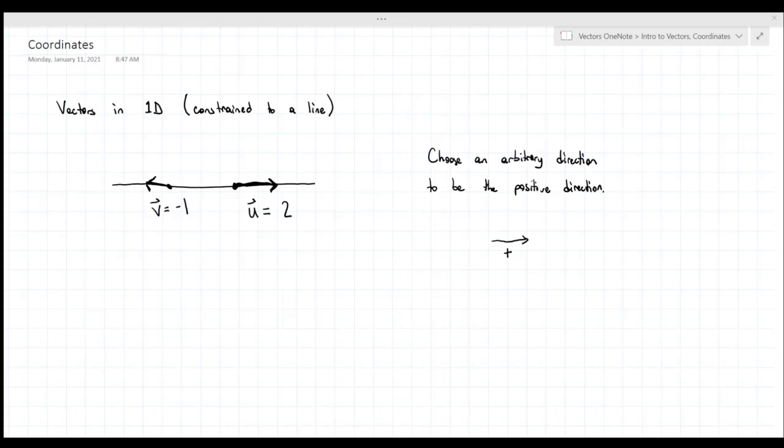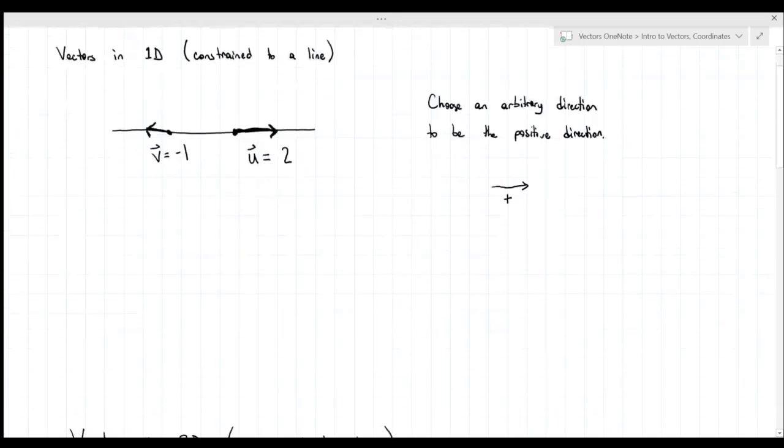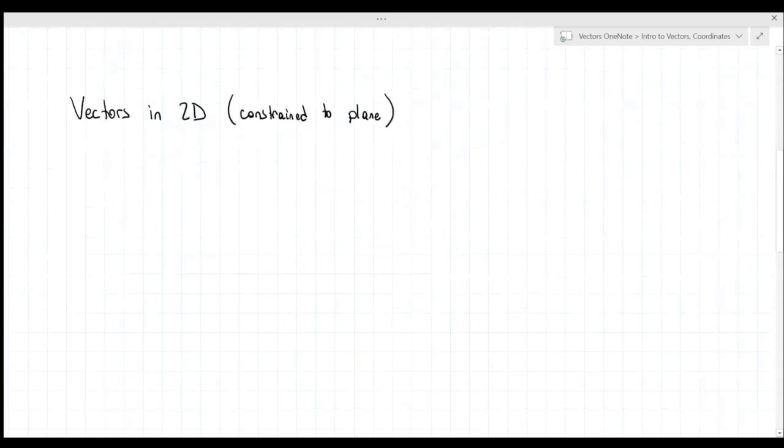All right, so let's go up a dimension. So let's talk about vectors in 2 dimensions. Okay, so this is the setting that I'm going to be working in for most of this workshop. And in physics, you're almost always working in either 1 or 2 dimensions in your problems.